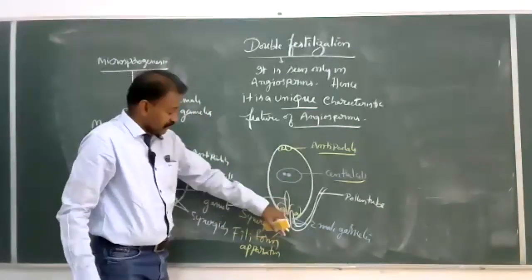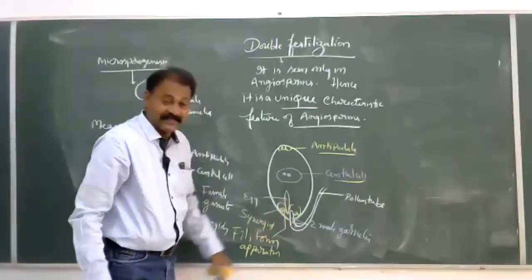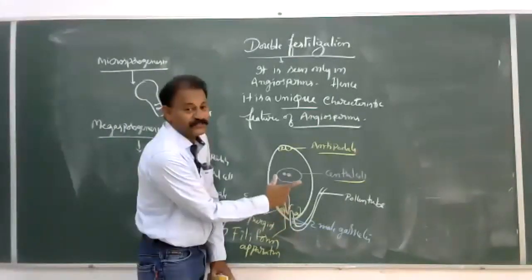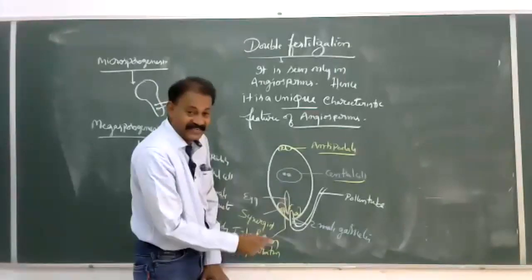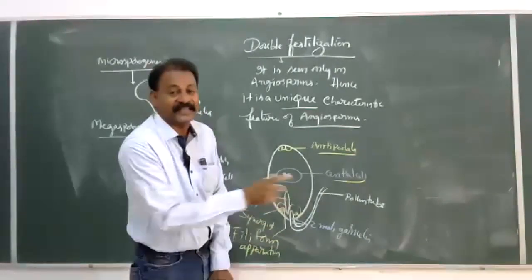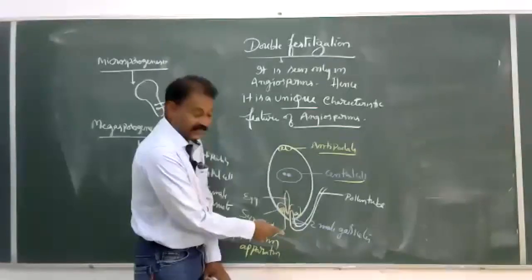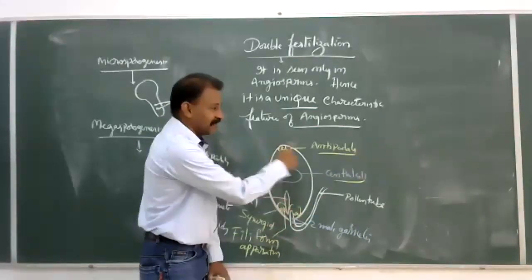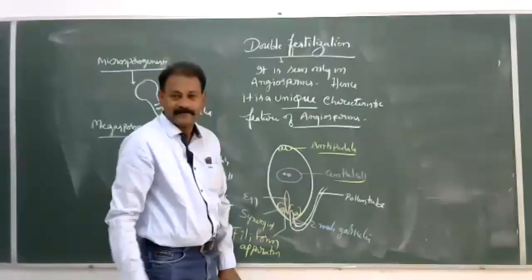Now, once it enters, the apical portion of the pollen tube ruptures. It has a porous nature and it breaks, or ruptures, in the cytoplasm of this embryo sac or female gametophyte.